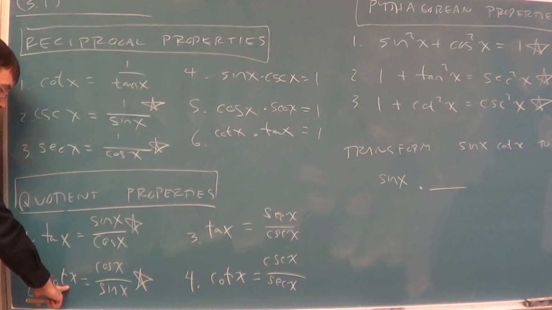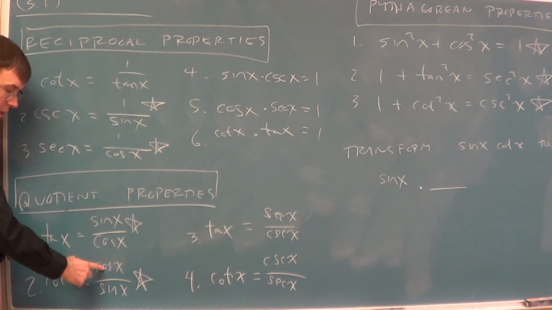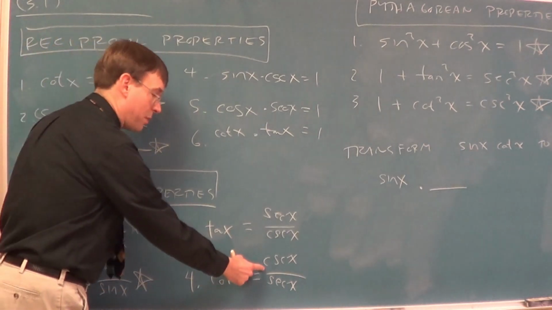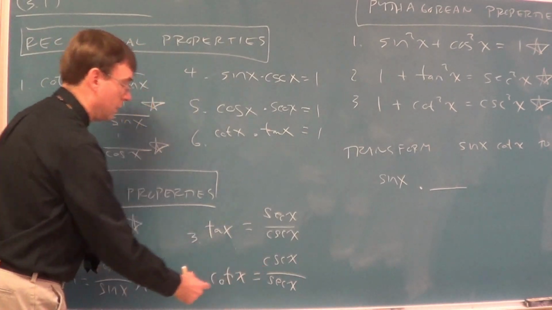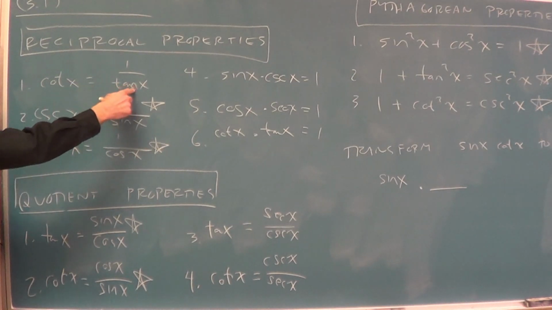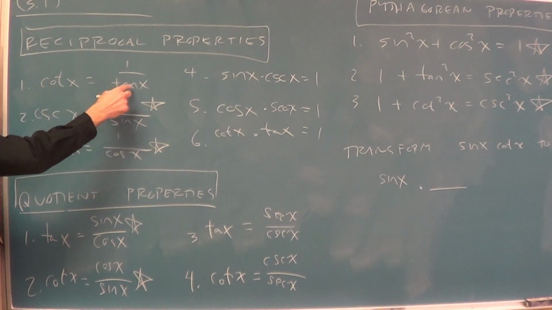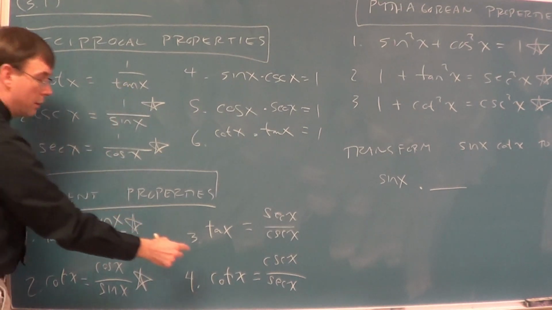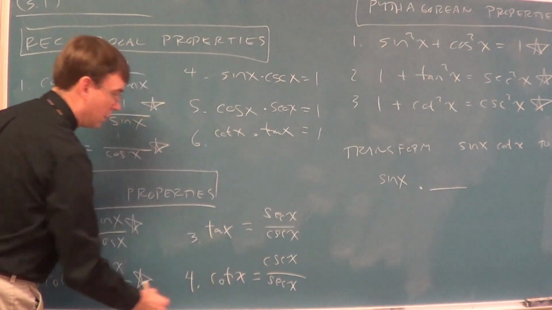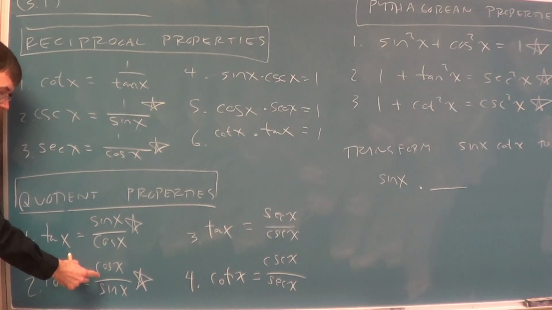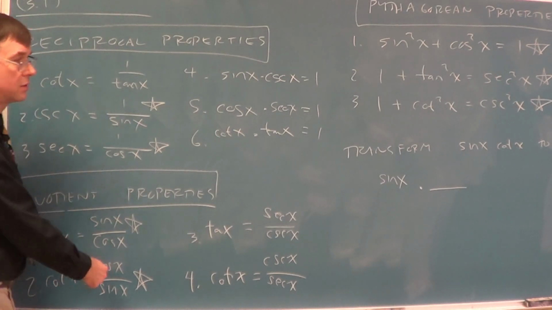Cotan. Here's a choice. Cotan is cosine over sine. I'm going to try that one first. If that fails, maybe this property needs to be used once in a while. But this is telling you cotan could trade for this, or this, or this. I'd always try this one first.